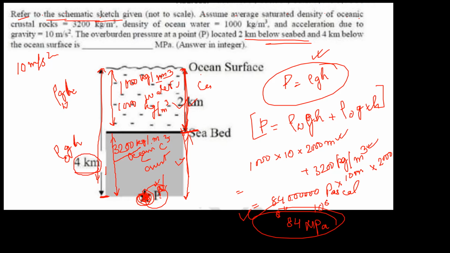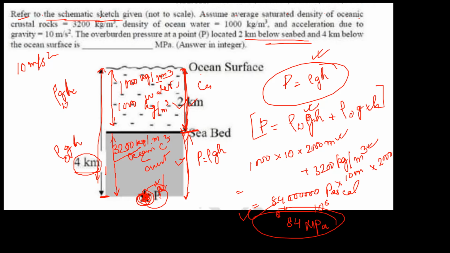Now you just have to calculate the overburden pressure. How much pressure is there? The total pressure is equal to rho g h. Here there are two different units. One is water, hydrostatic: rho of water g h, plus rho of oceanic crust into g h. Just calculate it.